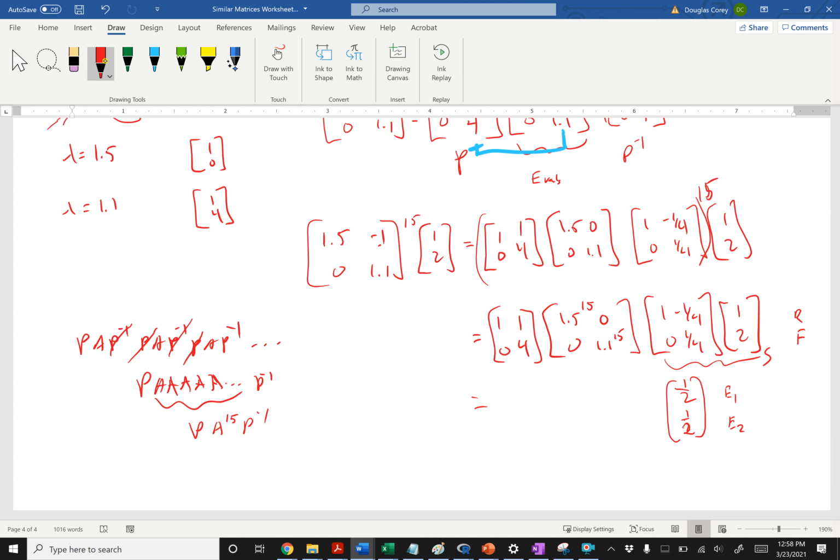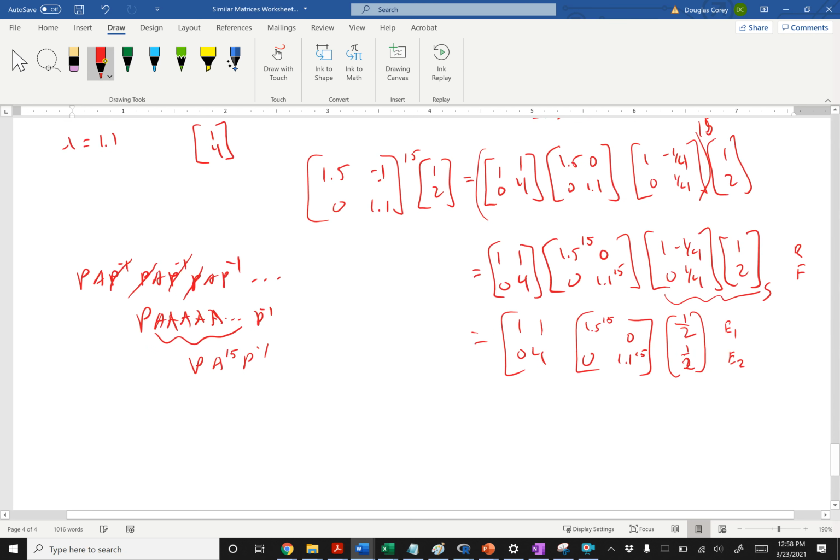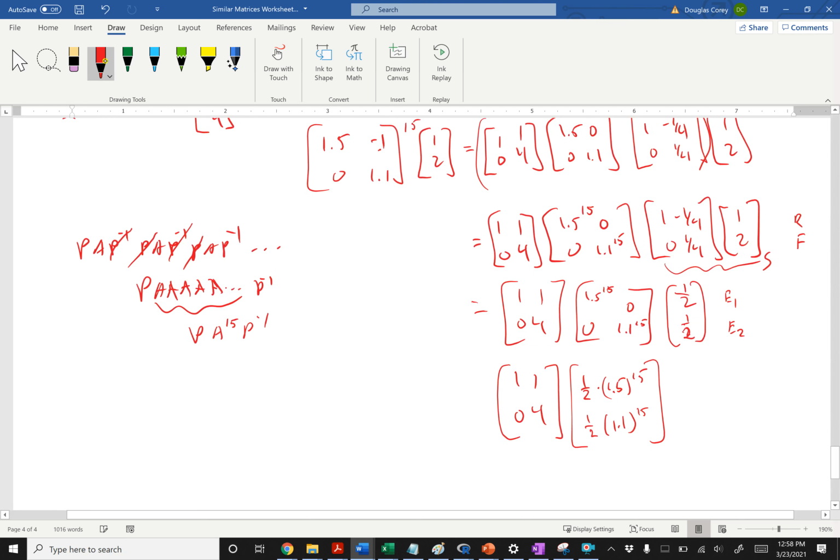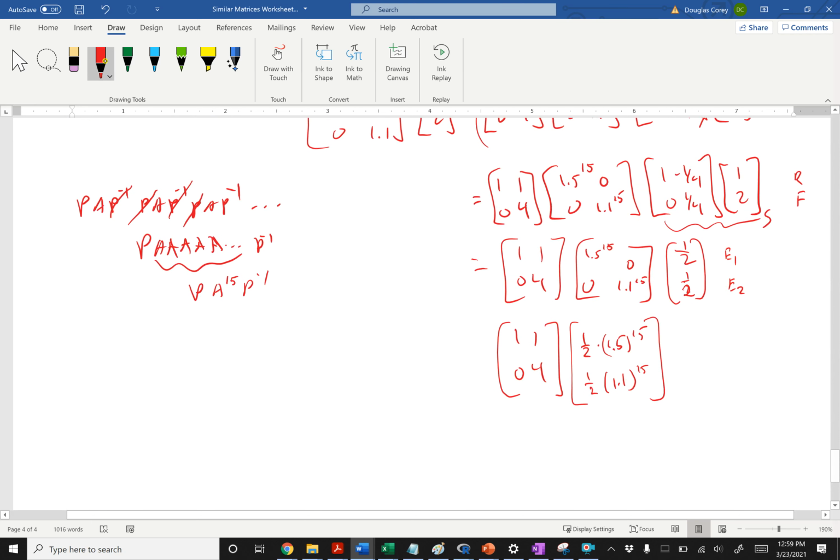And now I can multiply that by this transformation matrix, such that this 1/2 will be multiplied by 1.5 to the 15th, and this 1/2 will be multiplied by 1.1 to the 15th, and now I have a new vector, and I just multiply that by 1, 1, 0, 4. So this is the stretching in the eigenvector positions.